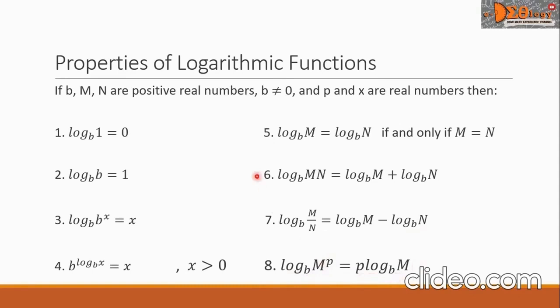Take note of properties 6, 7, 8, because the logarithm lightens up the respective operations. The product becomes the sum of each factor. For number 7, the division becomes subtraction. And for number 8, the exponent or the power becomes a product.